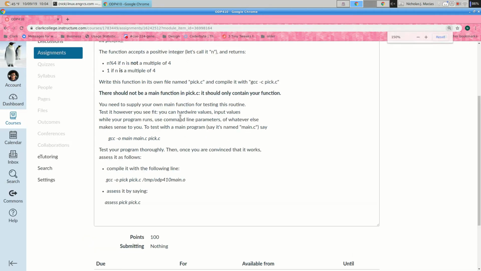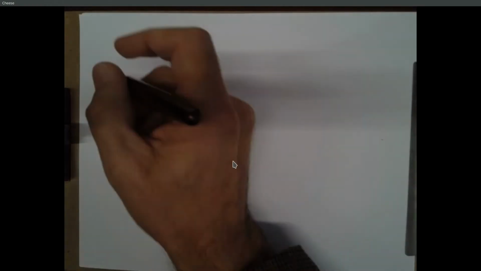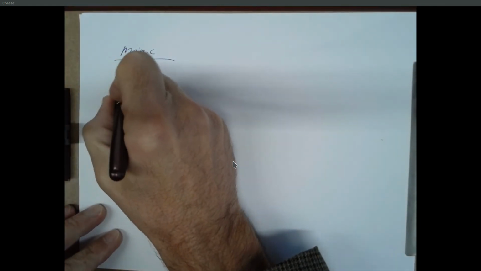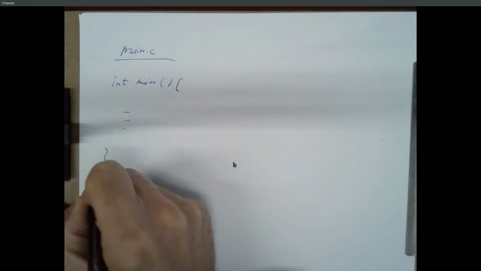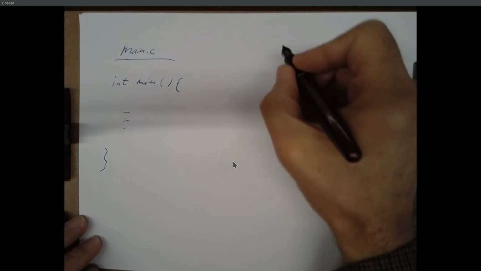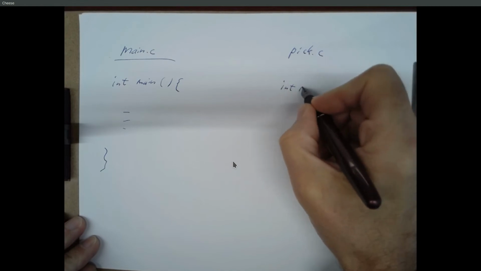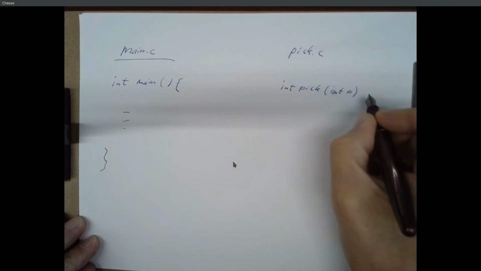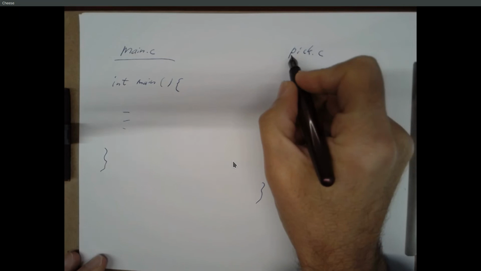What's happening here is if you make a main program called main.c that's got a main program in it, and you've got your pick.c with its stuff.